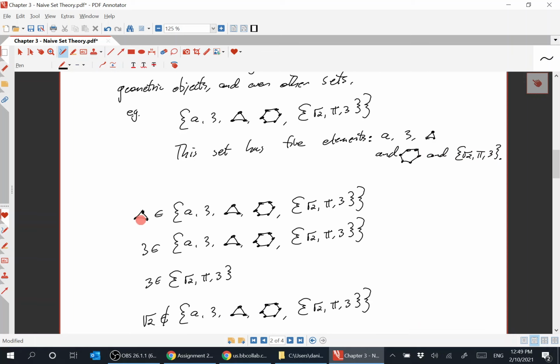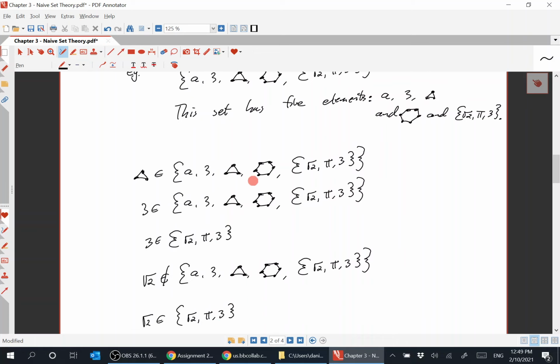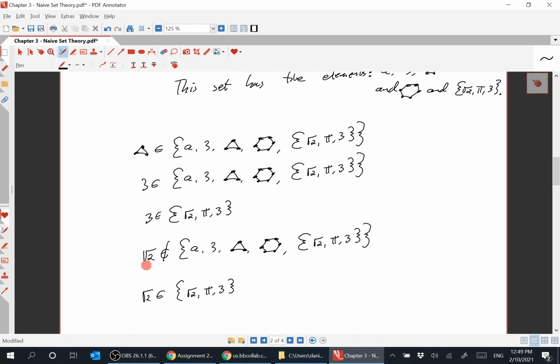And notice that triangle is in that set. 3 is in the set. 3 is also in this smaller set that is within the big set. The square root of 2 is not in this set. This thing is not the square root of 2. This thing is not the square root of 2, nor is this thing the square root of 2.